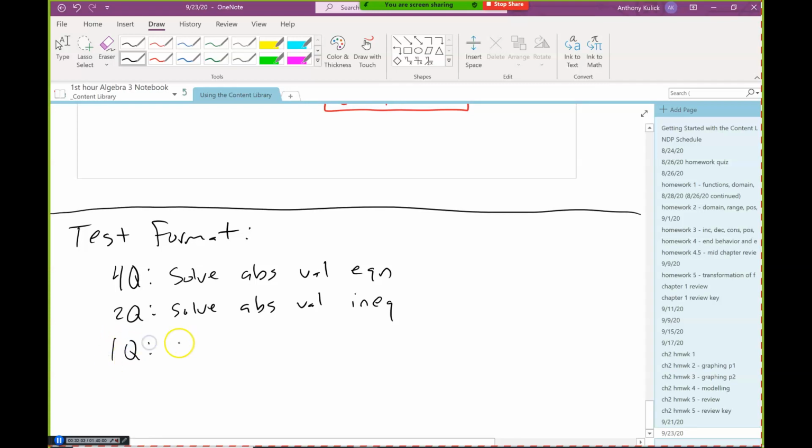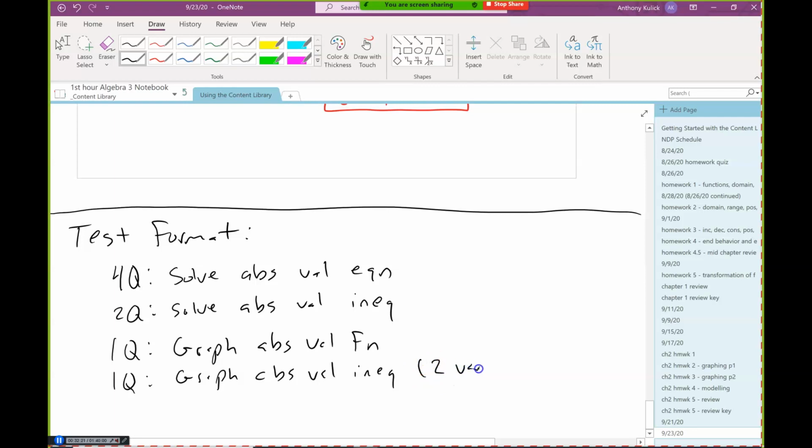I have 1 question where I ask you to graph the absolute value function, and 1 question where I ask you to graph the absolute value inequality.